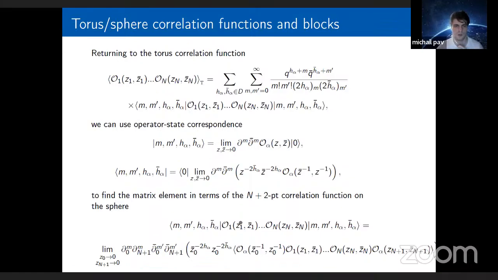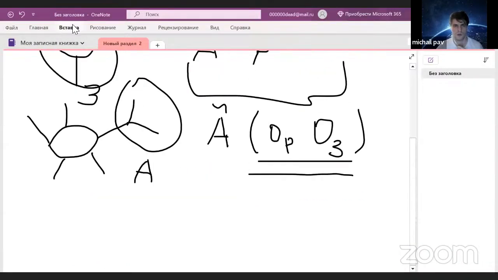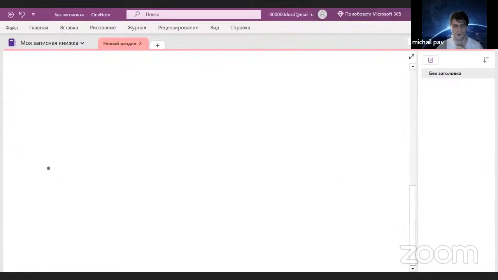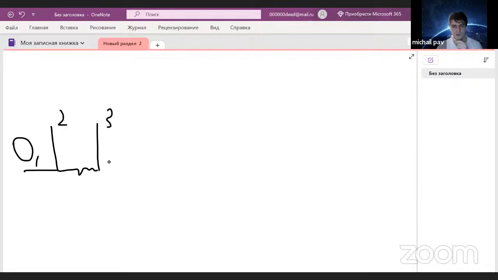So a comb block is when you are on the sphere and you have the first operator, second, and then you use OP between them, and then the third. This is the block of this topology.